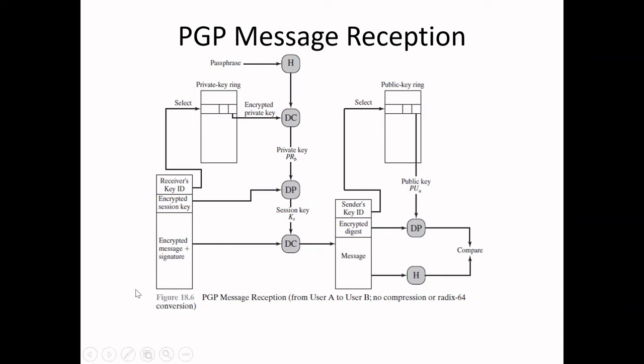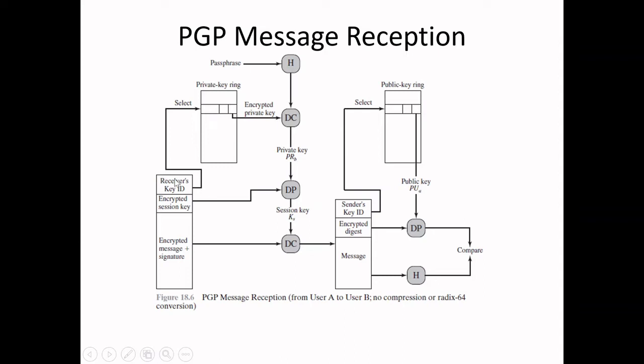In order to decrypt the session key, we need the private key of the recipient, and the key ID of the receiver has already been sent. From this we can get the private key of that particular recipient.